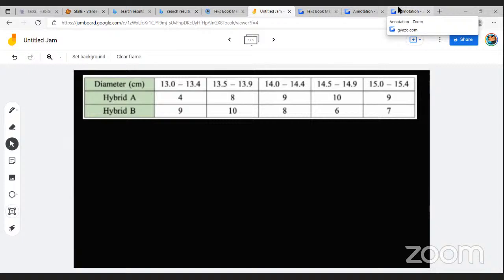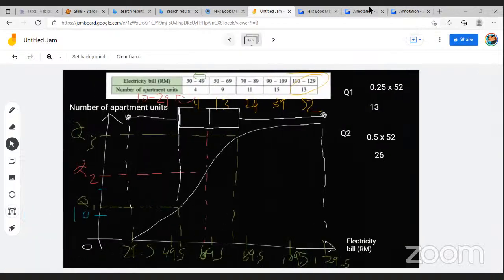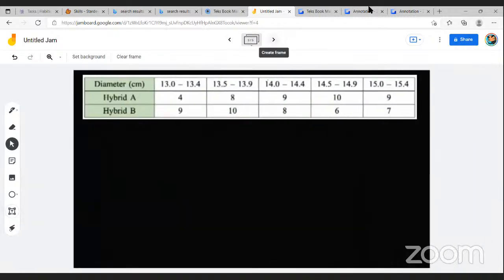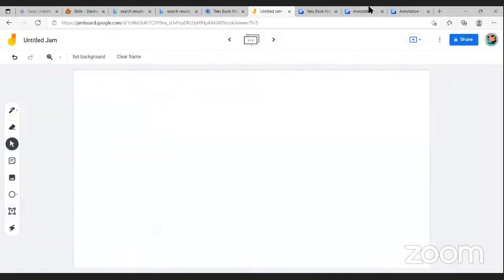Actually, this is easier than my school science, because the maths is a different level, but there are some weird words like interquartile range.